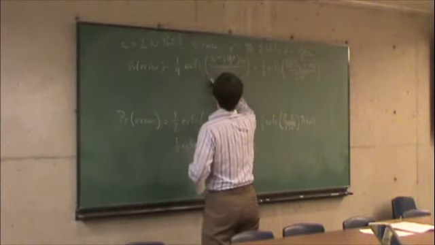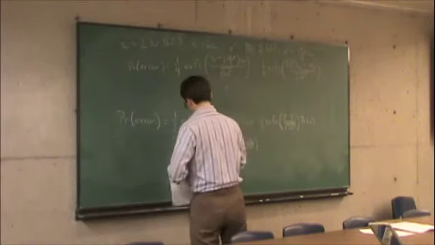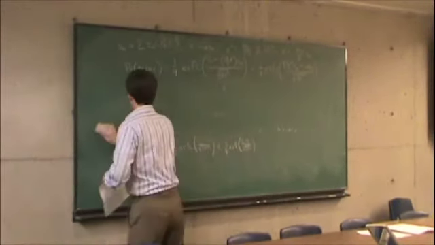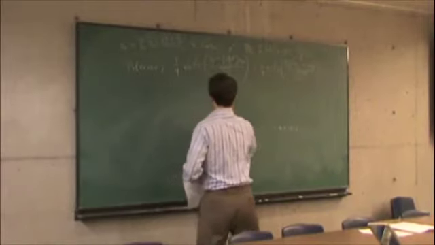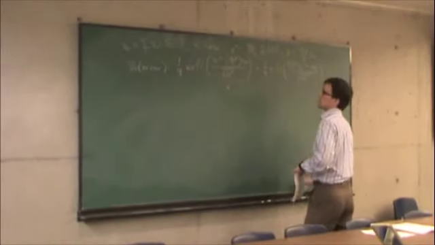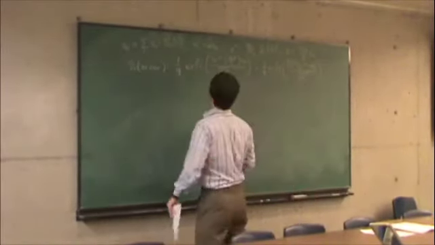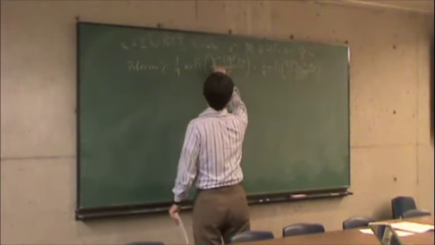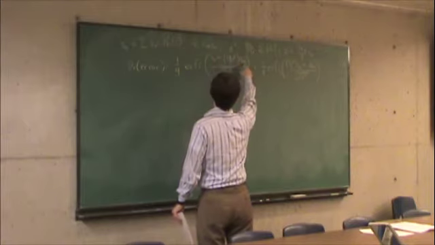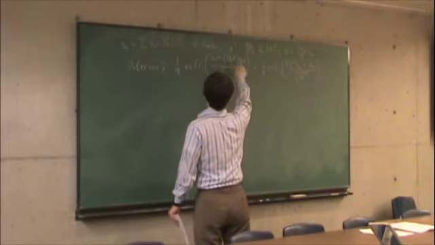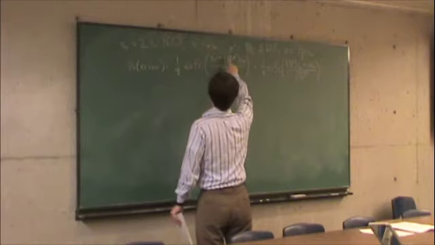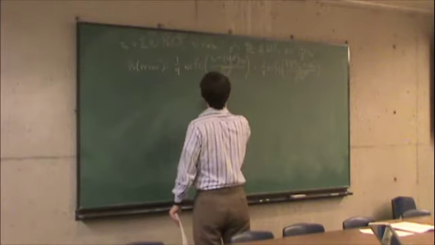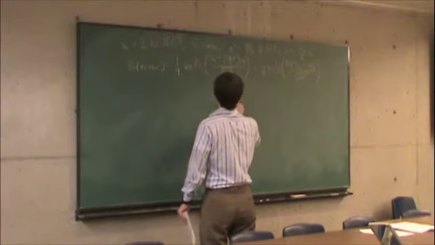Okay, what's this guy? So we have S0 minus (1 plus alpha) over 2 S0. So I can take the S0s out and I get 1 minus (1 plus alpha) over 2, times S0.